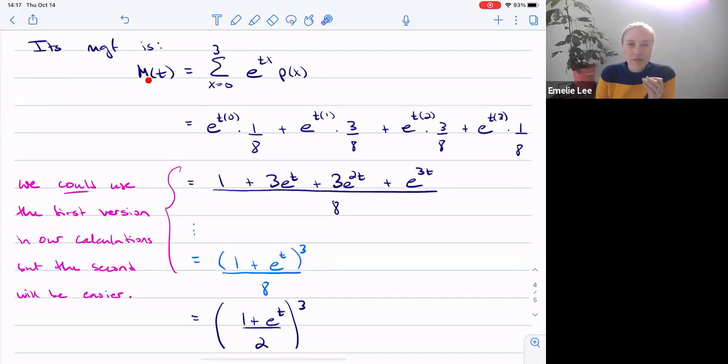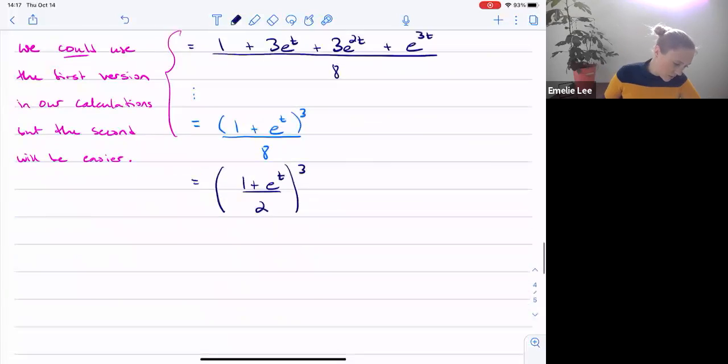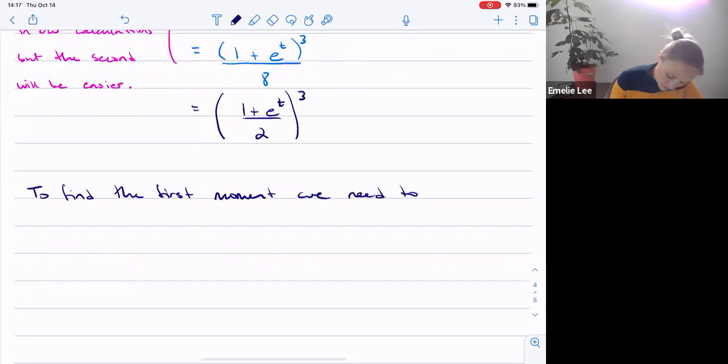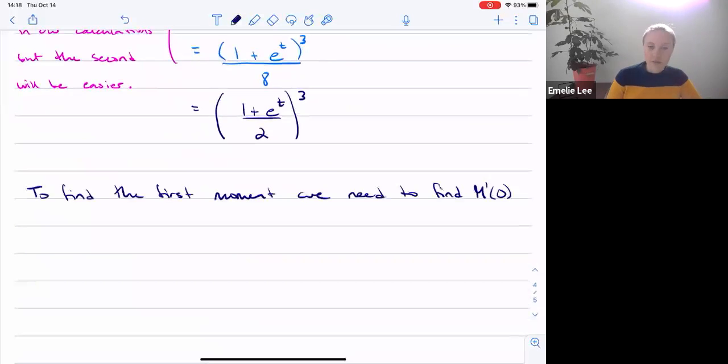We just found m of t. Now, if I have to find the first moment, that means I have to take the first derivative of this and then evaluate it at t equals 0. Okay. So to find the first moment, we need to find m prime at 0.